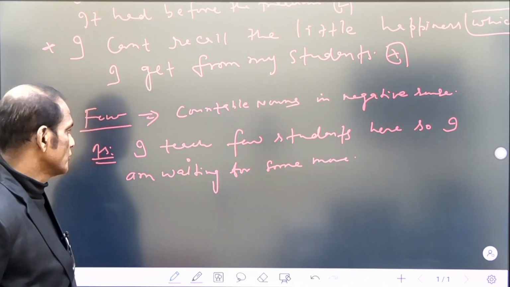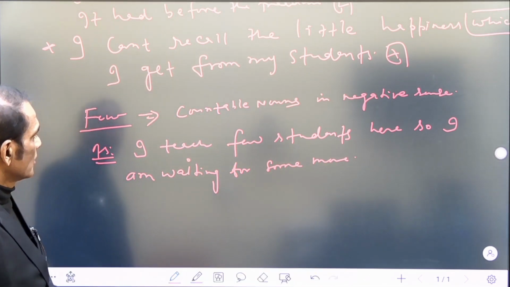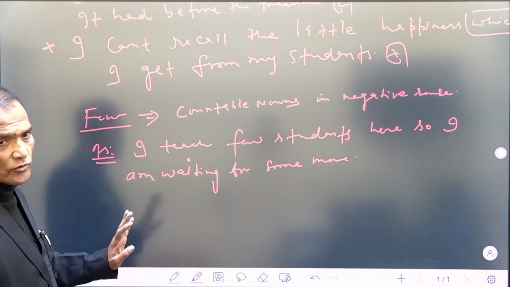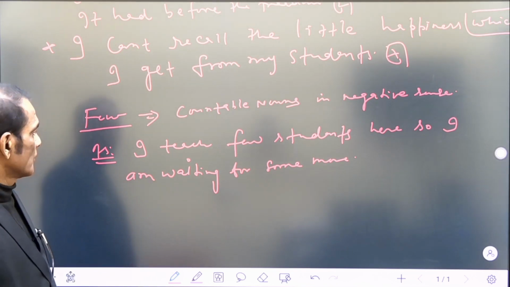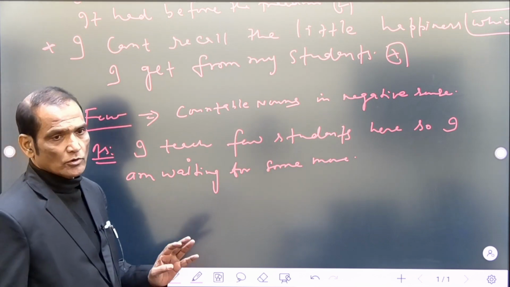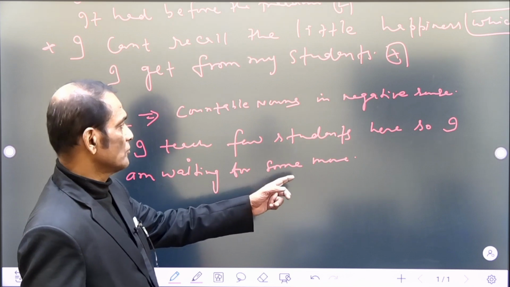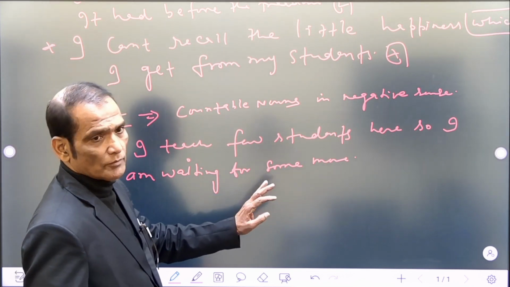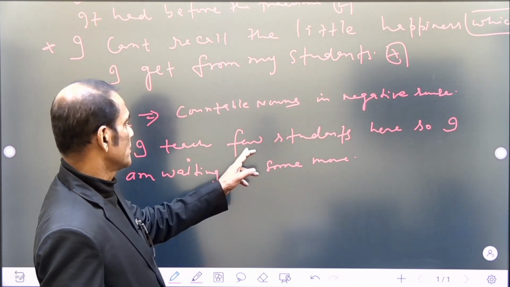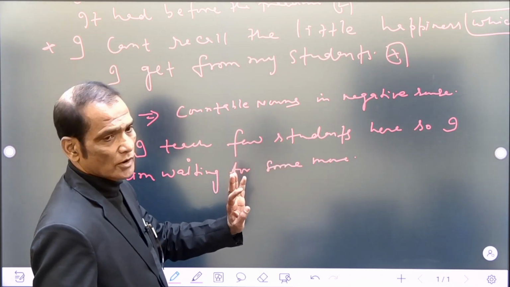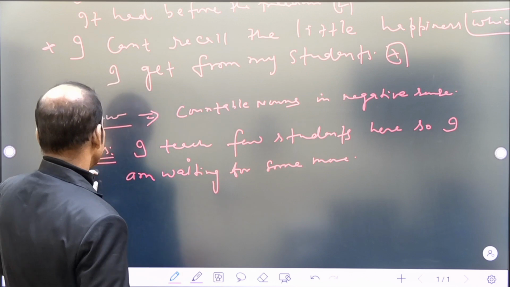This is the new sentence that I have written here. I teach few students here. It means I don't teach any students here. Okay. So I am waiting for some more. So I wait for some more students to come here. So you mean subordinate clause is giving everything negative to the principal clause. I teach few students here. Okay. Next.